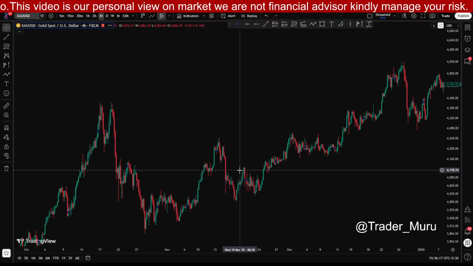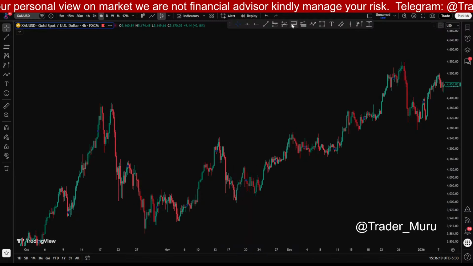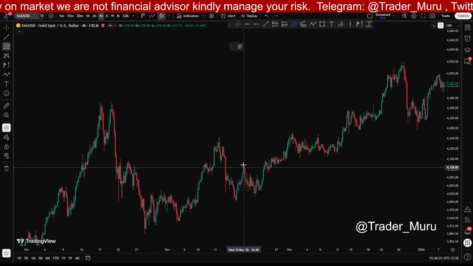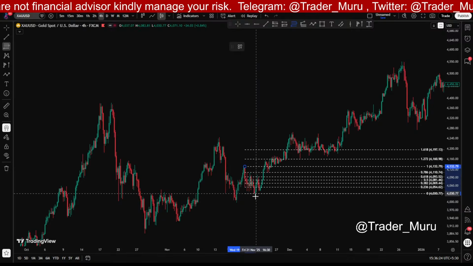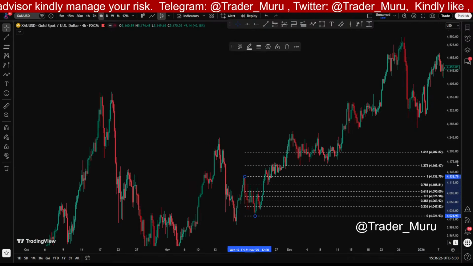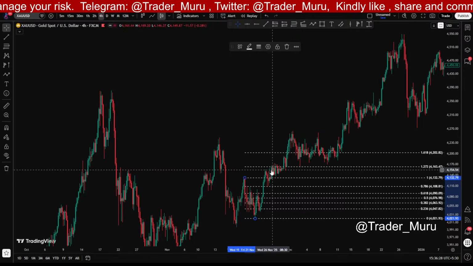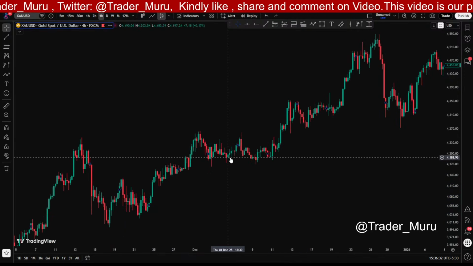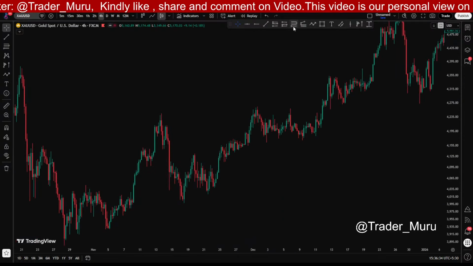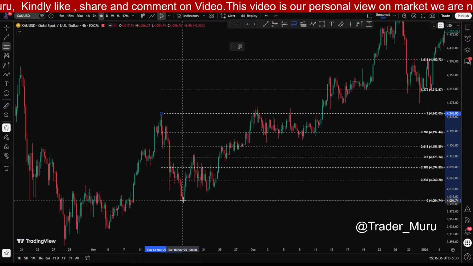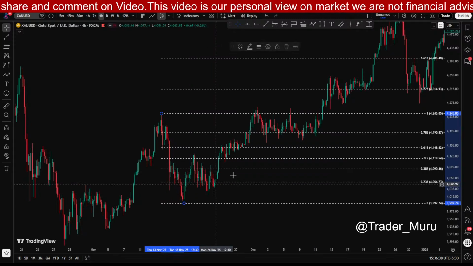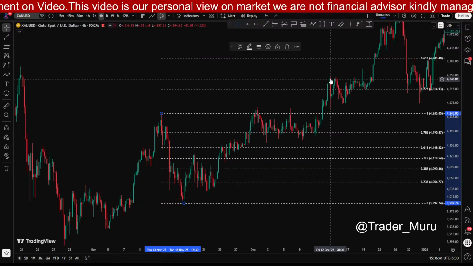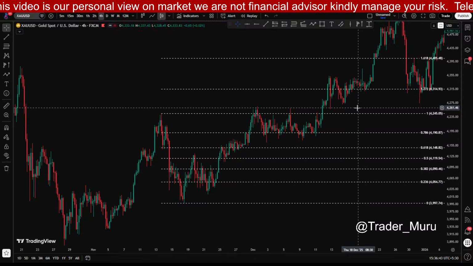Just look at this. This is your structure. 1.27 area, market is in range. This is your structure. Plot fib from top to bottom. 1.27 area, market will be in range.